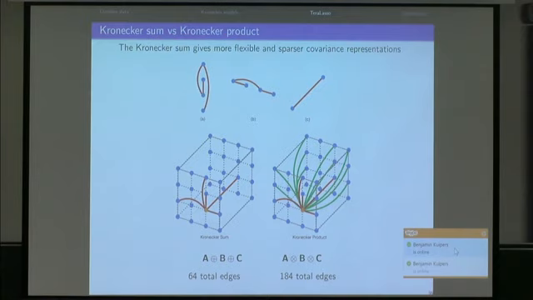You take the factors B and C, and you're basically embedding the entire matrix replicated a number of times equal to the dimension squared of A into the matrix. Whereas this Kronecker sum has a much sparser representation. It doesn't tend to produce as many edges.